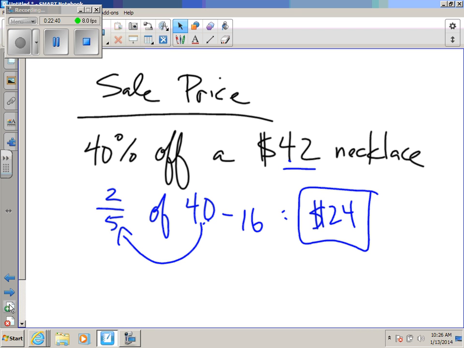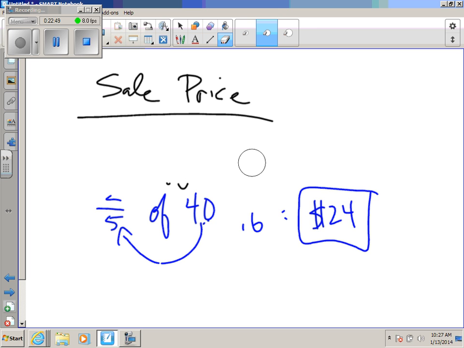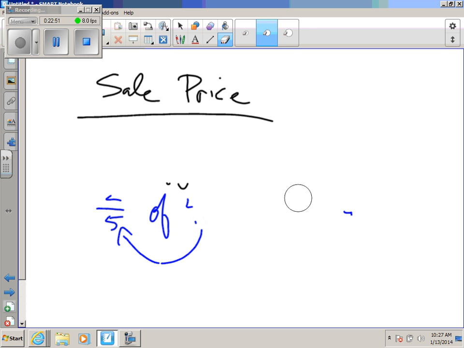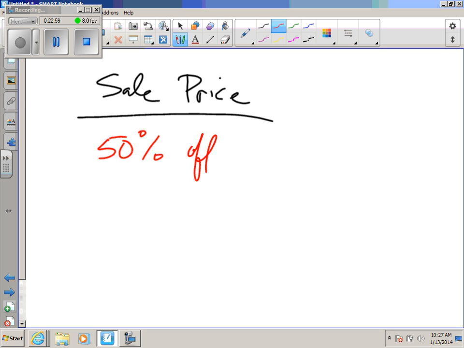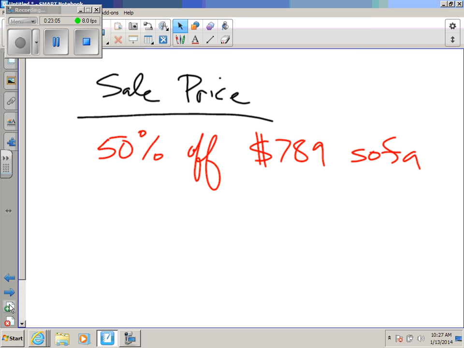50% off a sofa for $789. Try that one. So we could use half.